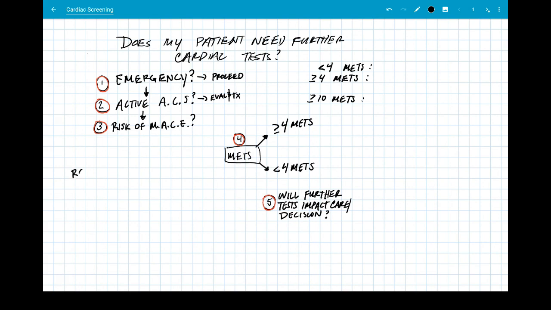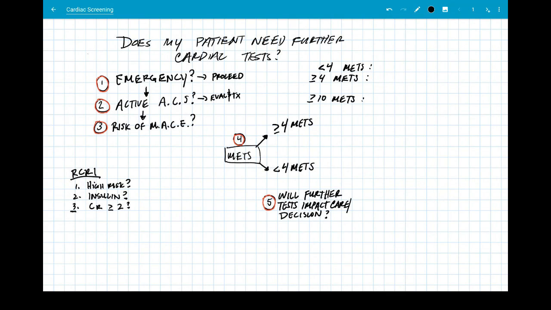The RCRI takes into account 3 things from the patient's history and 3 things from the day of surgery. The 3 things for the day of surgery are, number 1, is it a high risk surgery? Number 2, is the patient on insulin? And number 3, is the patient's creatinine greater than or equal to 2?